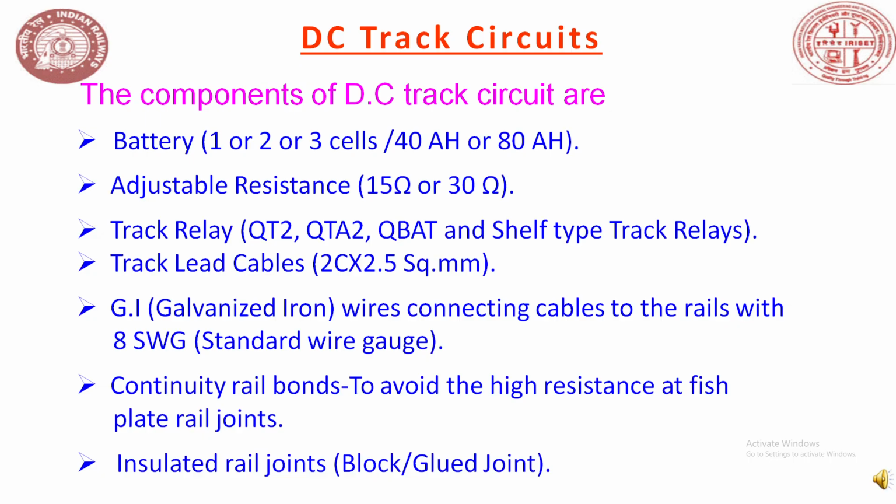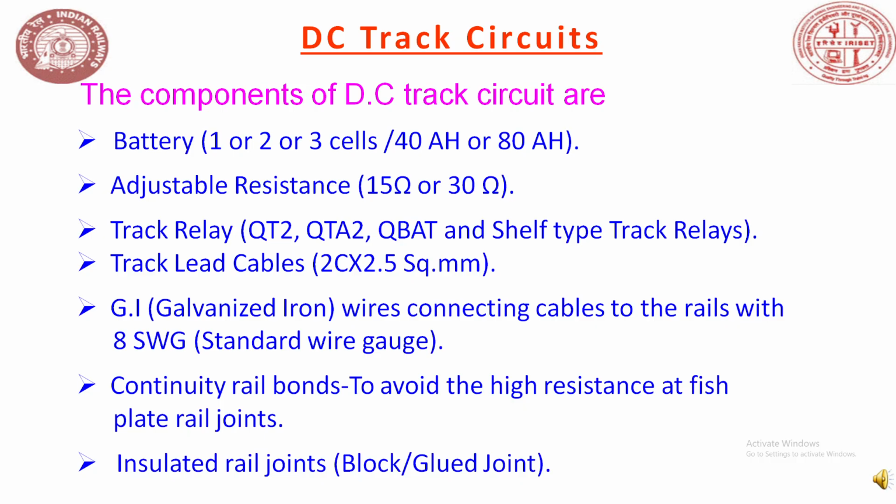The components of DC track circuits are: battery, one or two or three cells, each 40 AH or 80 AH; adjustable resistance, 15 ohm or 30 ohm; track relay. Track relay types are QT2, QTA2, QB80, and shelf type track relays.